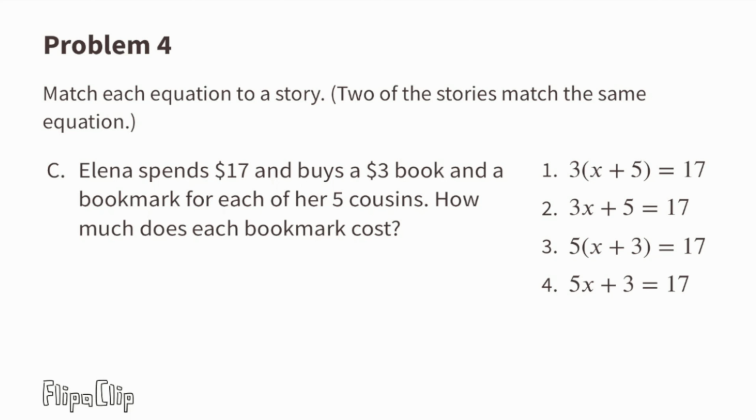We can think of this as 5 cousins times a $3 book plus an unknown price for the bookmark, and the total is $17. Story C matches with equation 3. 5 times x plus 3 equals 17. The 5 represents the cousins, the x represents the unknown price for the bookmark, and the 3 represents the $3 book.